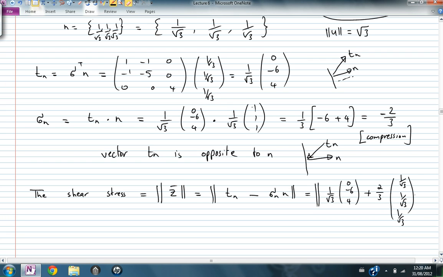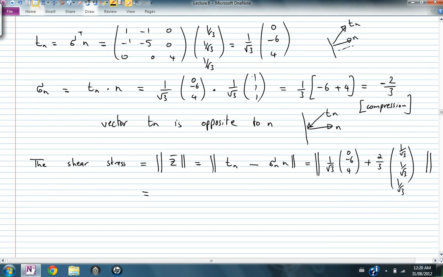If you add those two vectors and you take the norm, the shear stress will be equal to 2 root 38 divided by 3 units of force per unit area. And similarly, the normal stress is also force per unit area.